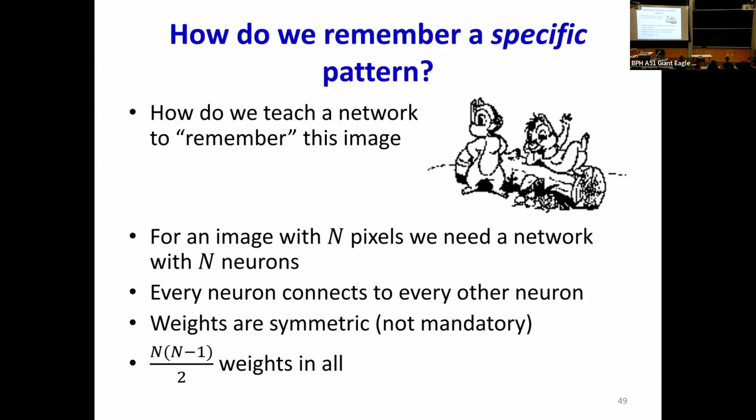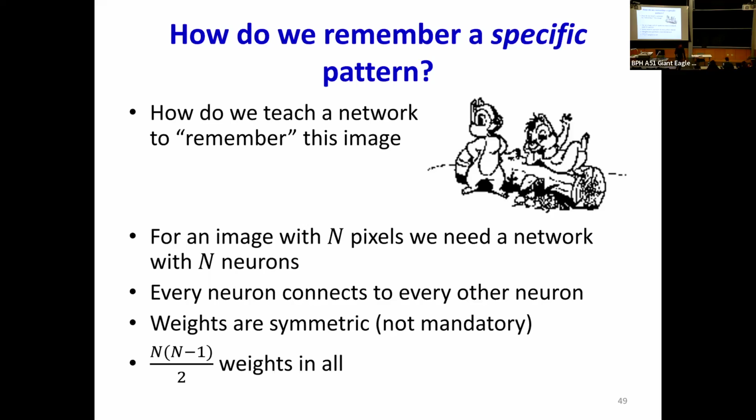And so if this is say a 64 pixel image, then I'm going to need 1 neuron per pixel. So my network would have 64 neurons, and there's a specific arrangement of ones and zeros that I want the network to remember. So we have symmetric weights.